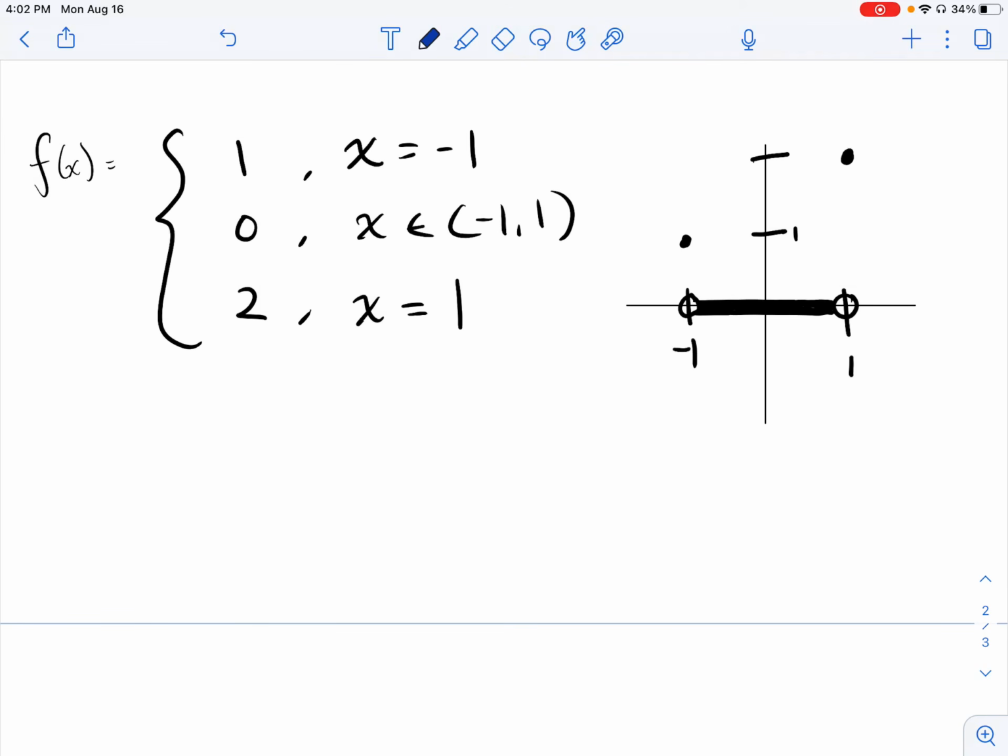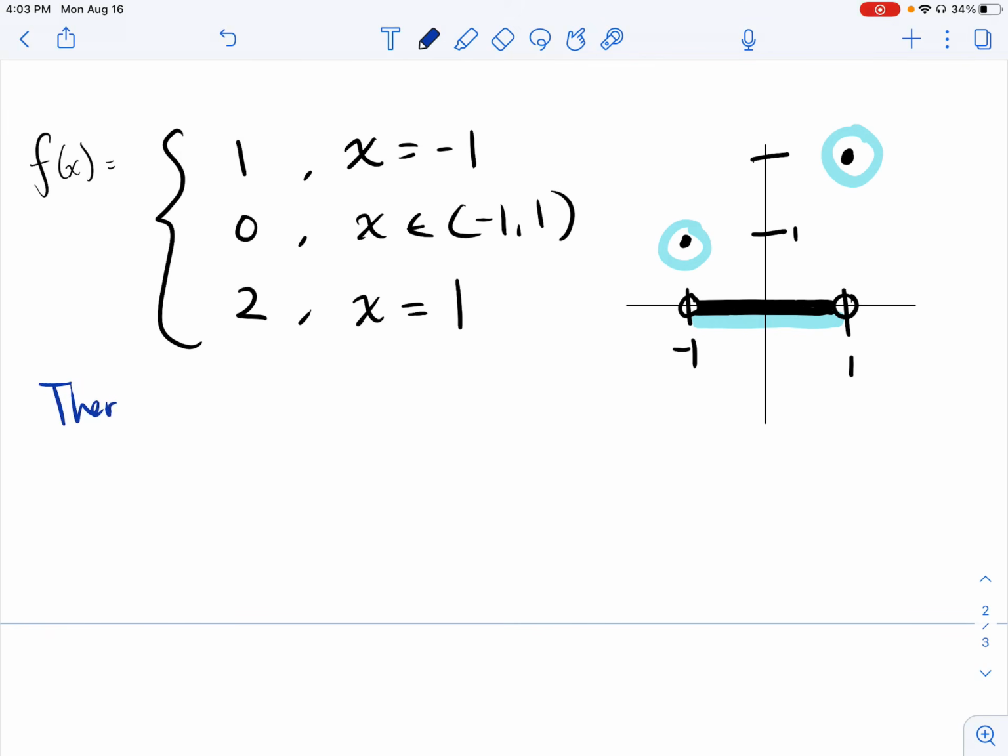So it would seem that IVT should be able to guarantee every single y value between f of a and f of b. But wait, look at this a little bit more carefully. There is no such value between -1 and 1.